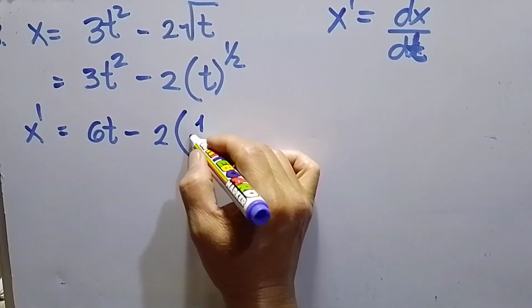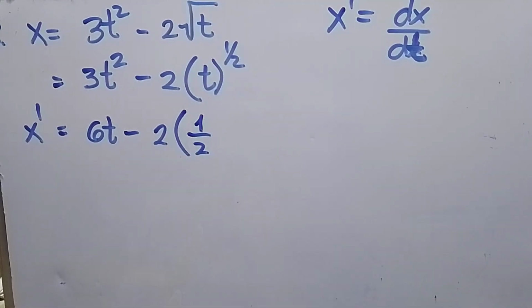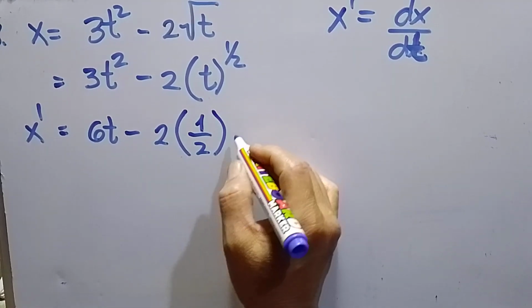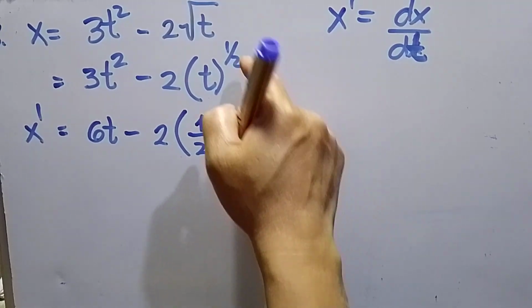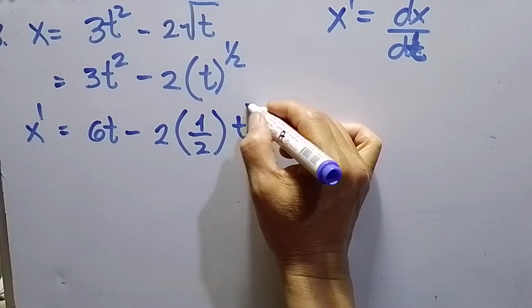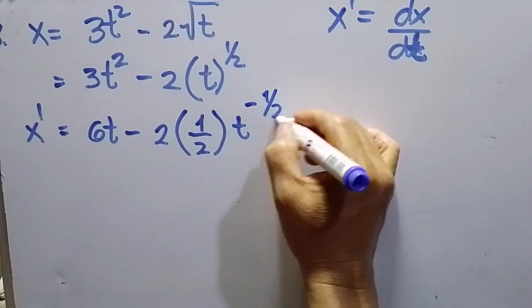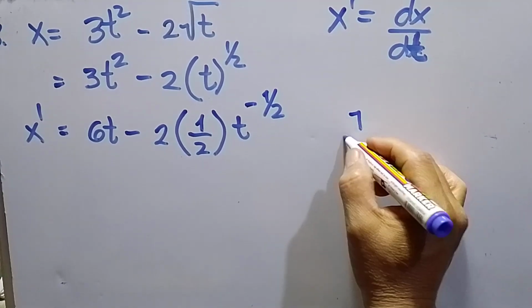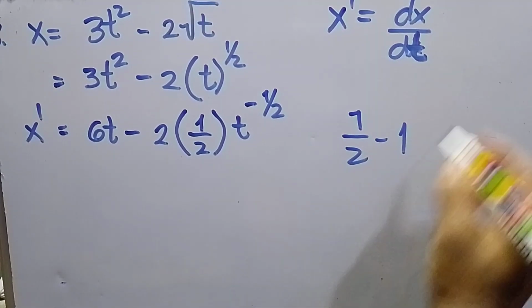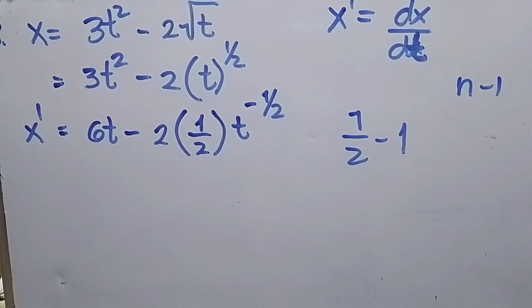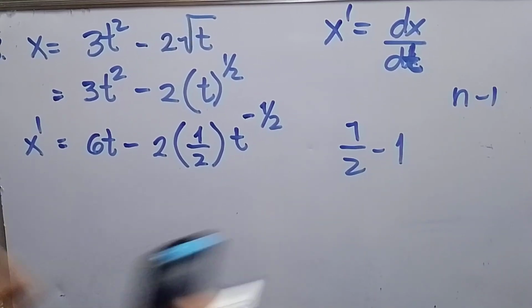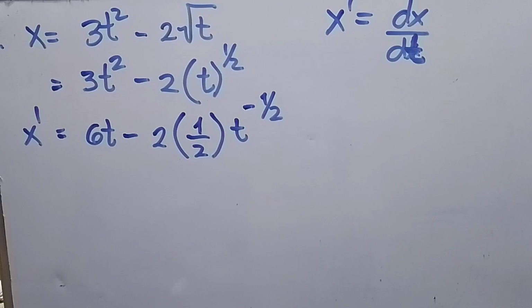So I need to bring down the power. So this will be 1 over 2. And then I have to subtract the exponent. So this will be negative half, because 1 over 2 minus 1. Always n minus 1 in differential. So that will be minus half.